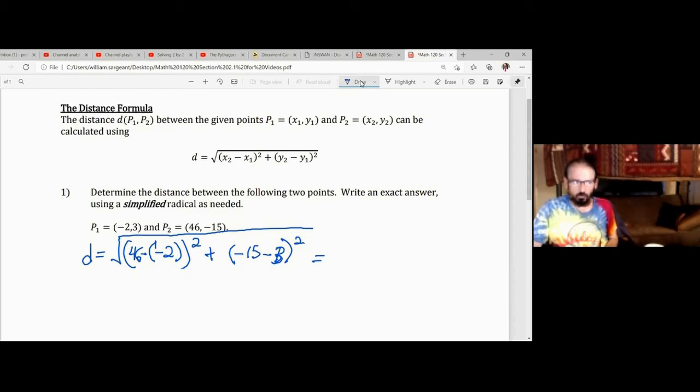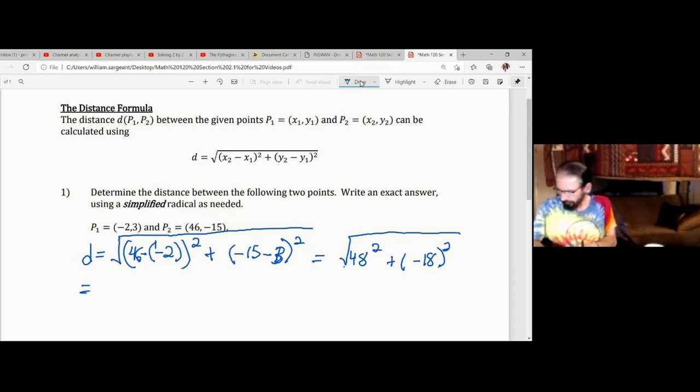46 minus -2 is going to be the same as 46 plus 2, so 48 has to be squared. -15 minus 3 is -18. Square that. 48 squared is 2,304.